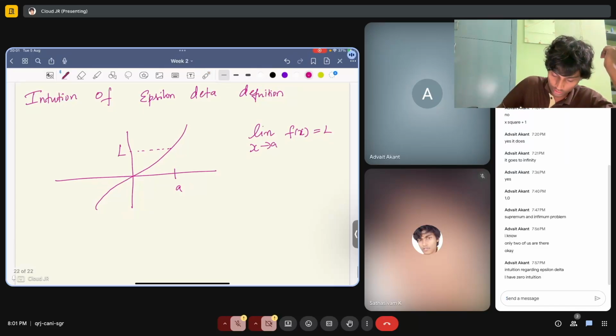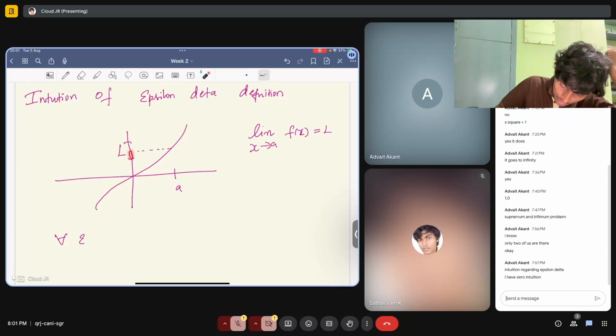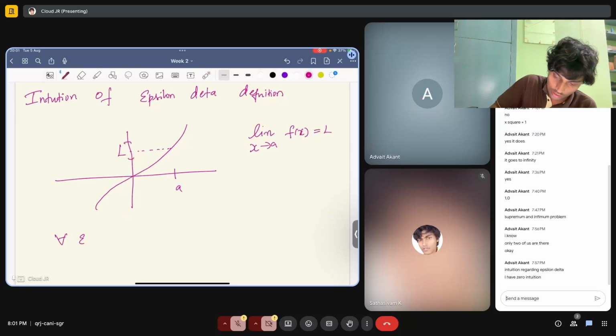Whatever the epsilon, epsilon is basically this distance between these two. Whatever this distance may be, you tell me however close you want. That's what I'm telling. For all epsilon greater than 0, whatever distance you want, how do I make f of x go closer to L?